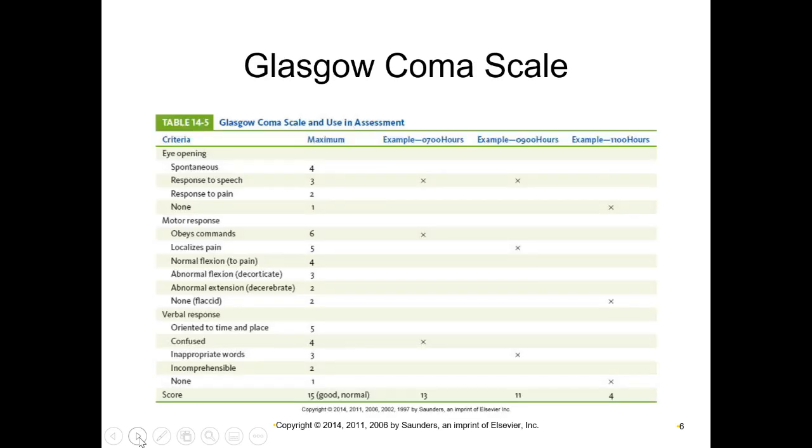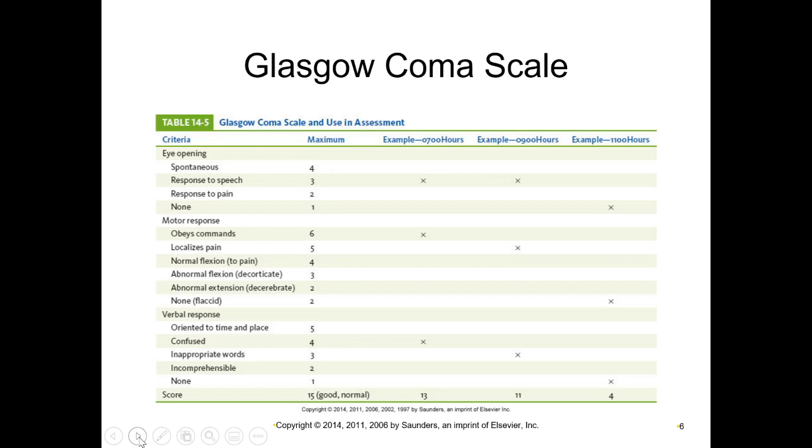The Glasgow Coma Scale is what we use to determine their level of consciousness. Now, a score of 15 is good. You want a score of 15. You can see in this patient at 0700, they had a Glasgow Coma Scale of 13.